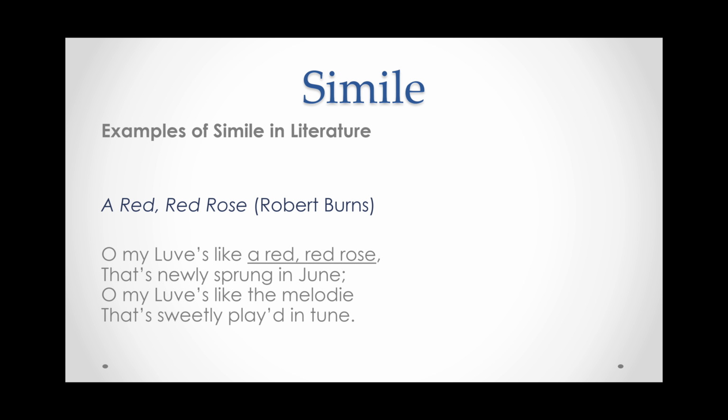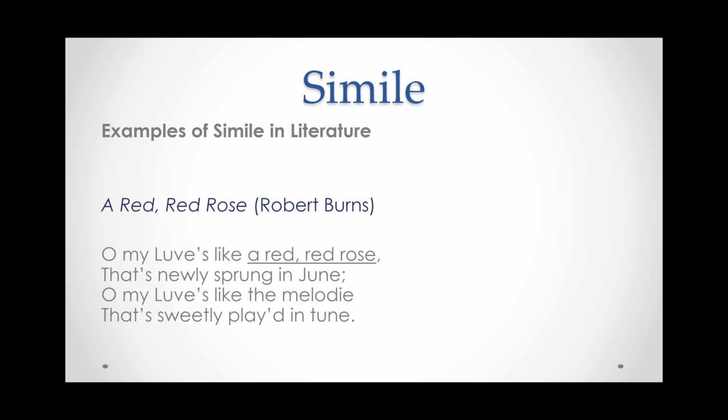In Robert Burns' poem, A Red, Red Rose, he writes, "Oh, my love is like a red, red rose that is newly sprung in June. Oh, my love is like the melody that is sweetly played in tune." The obvious comparison is there.